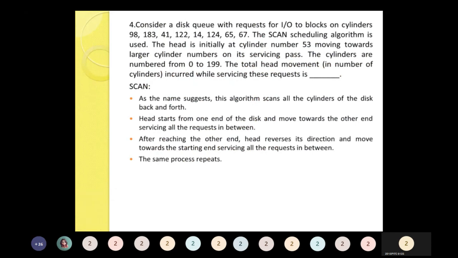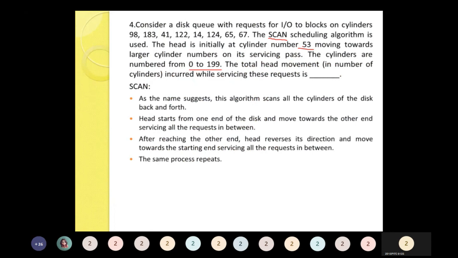The SCAN scheduling algorithm is used. The initial head position is cylinder 53. The cylinders are numbered from 0 to 199, so in total we have 200 cylinders, and the requests are given here.